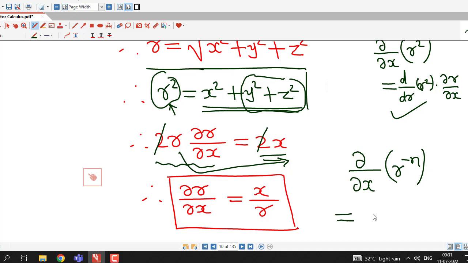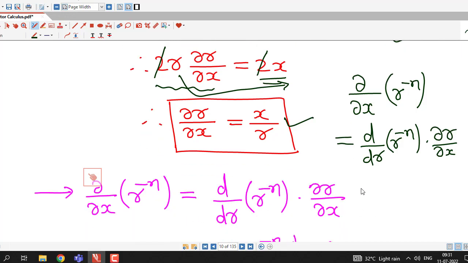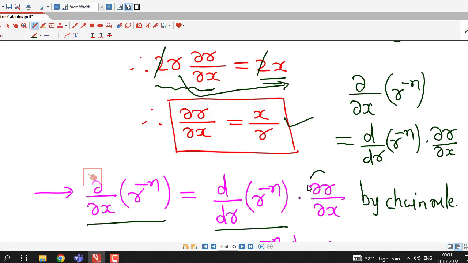So here also we will apply chain rule. First we will differentiate r raised to minus n with respect to r, and in the product we will write del r by del x, which we have obtained as x by r. So that I have written here. This is by chain rule: the partial derivative of r raised to minus n with respect to x equals the partial derivative of r raised to minus n with respect to r, multiplied with the partial derivative of r with respect to x.